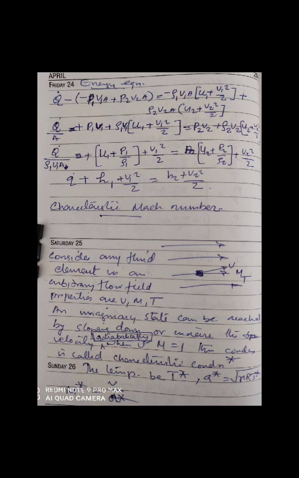If it is supersonic flow, you have to slow down the velocity of the particle to reach sonic velocity, or if it is subsonic flow, you have to increase the velocity to reach sonic velocity. So an imaginary state can be reached by slowing down or increasing the velocity adiabatically. That is very important, adiabatically, when Mach number is equal to 1.